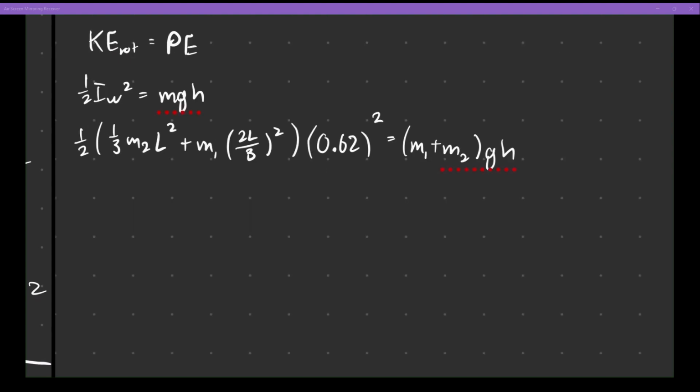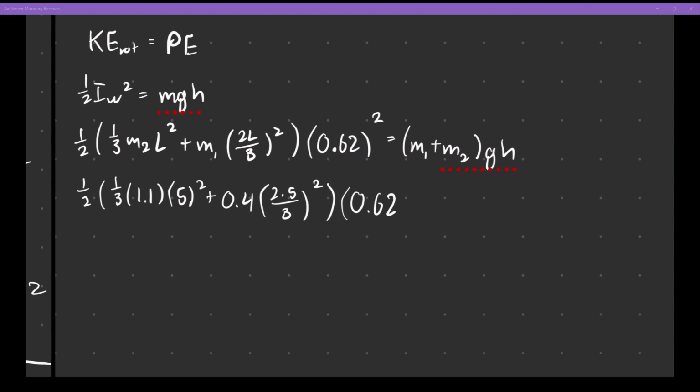So let's start plugging in numbers. This is 1/2, 1/3, 1.1, 5 squared plus 0.4, 2 times 5 over 3 squared. I'm going to simplify this a little bit.